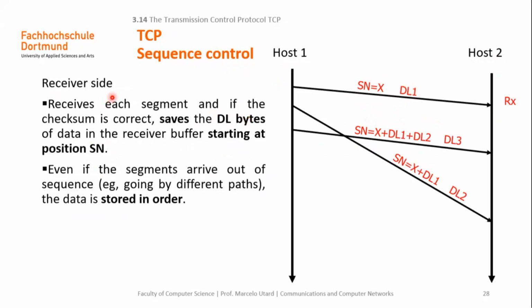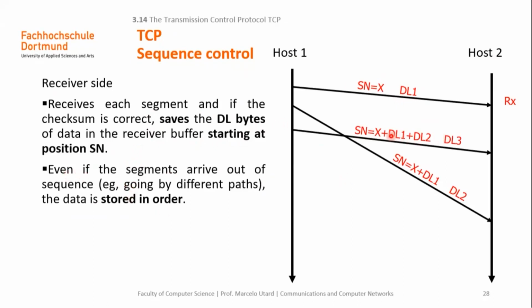On the receiver side, the receiver receives each segment, and if the checksum is correct, saves the data length bytes, that quantity of bytes of data, in the receiver buffer, starting at the position indicated by the sequence number. Then even if the segments arrive out of sequence, for example going by different paths, the data is stored in order. Why?